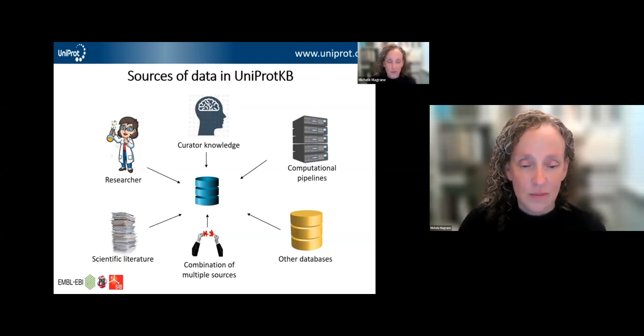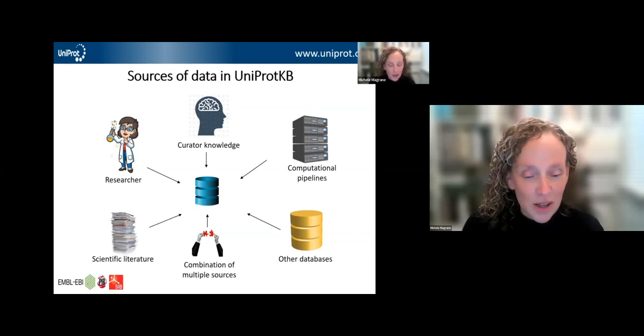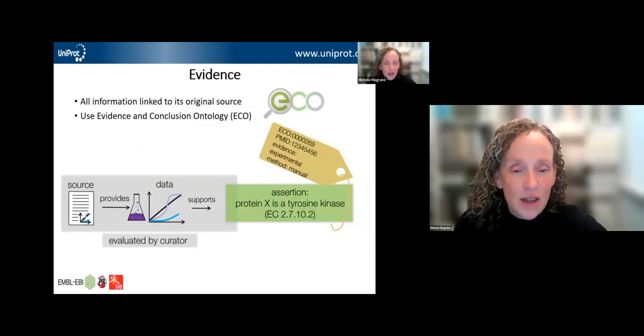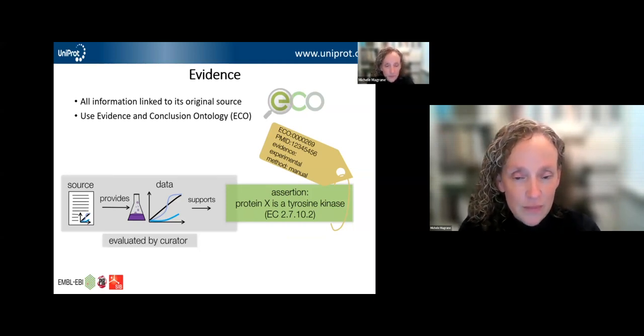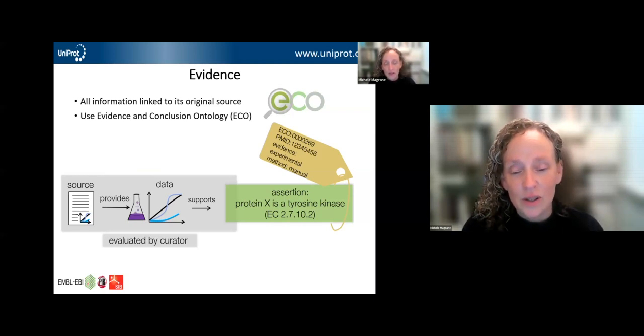So it's clear that the information in UniProt is coming from multiple resources. It comes from researchers, from scientific literature, from various computational pipelines, from other databases, and from knowledge that curators have. Sometimes we combine information from multiple sources. So it's really important that we have a way of attributing all of the information back to its original source. To do that, we use the Evidence and Conclusion Ontology, which allows us to link all of the information back to its original source.